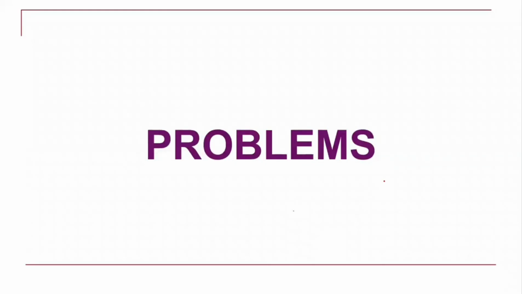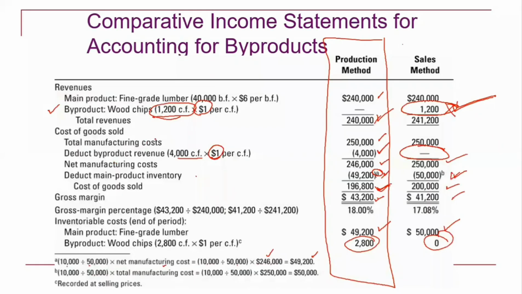So going back, meron lang pong question dito na, sir, saan po galing yung 10,000 over 50,000? Okay. So balikan po natin. Dito po sa 10,000 over 50,000. I hope you can see. Kasi po, ang revenues natin ito po, 40,000 yung nabenta. 50,000 yung ating na-produce.